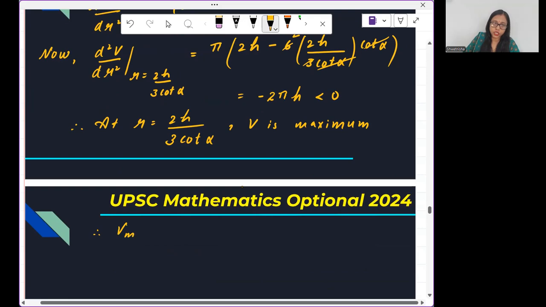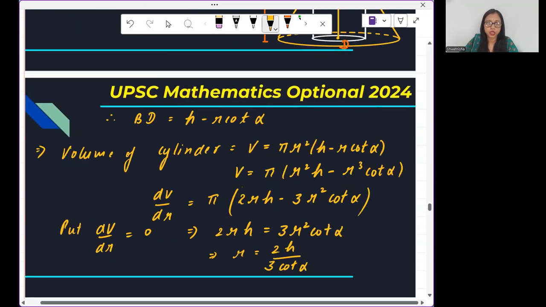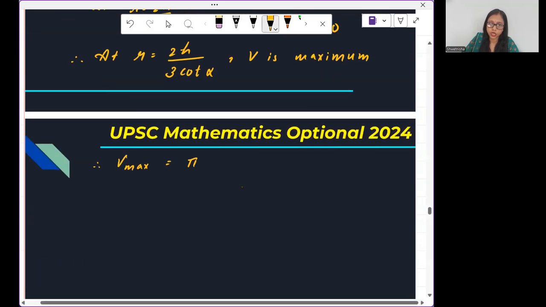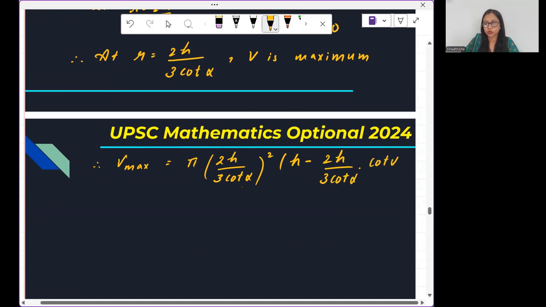Therefore, V max is equal to pi r square, where r is 2h by 3 cot alpha, squared, times h minus r cot alpha. So r is 2h divided by 3 cot alpha times cot alpha. This is the maximum value.